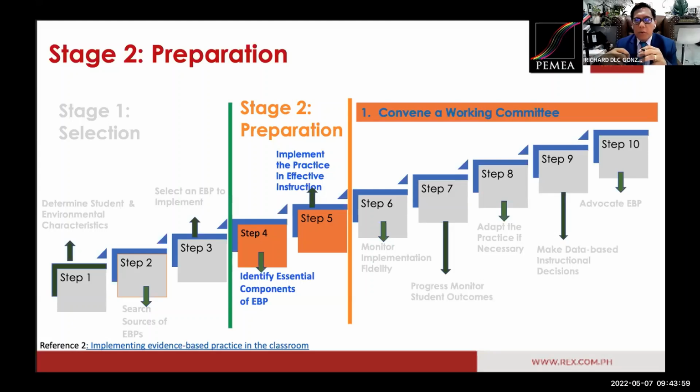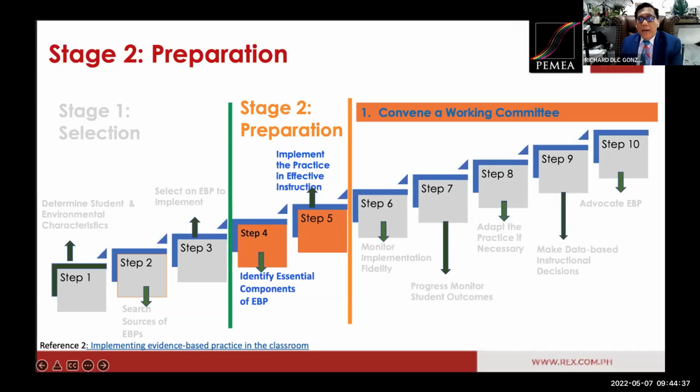It is necessary that you engage stakeholders to ensure a receptive environment, collegial interaction, and collaboration. I have to underline that: receptive environment, collegial interaction, and collaboration. EBP is not the only business of one teacher. It is at the classroom level, but if it is at the school level, it has to be a collaboration among all stakeholders of your school, including parents.